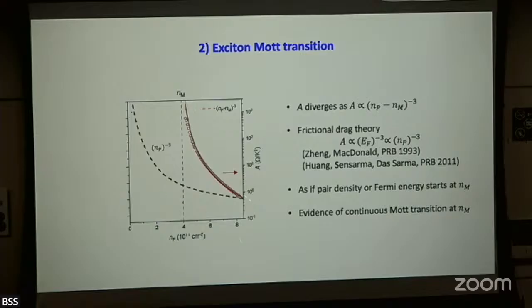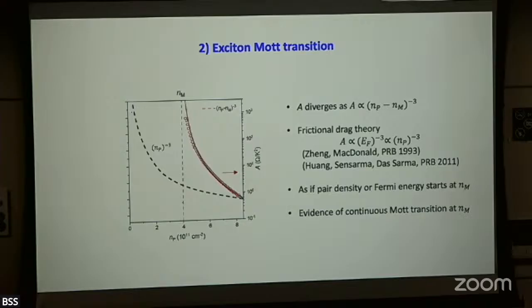And this T square goes as these open symbols. And if we try to fit it to some function, it goes like density, but renormalized from that Mott transition, to the power of -1/3.